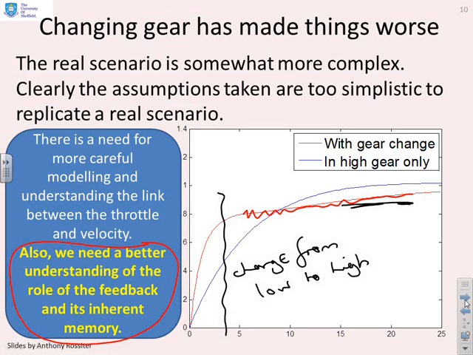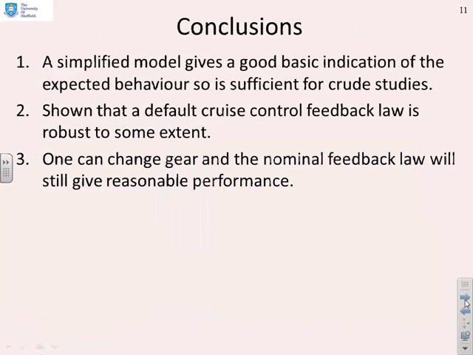Because the error up to this point here is relatively small compared to what you would have got if you'd been running the blue curve, it means when you switch over to high gear, the memory you inherit from the integral is a much smaller number than the number you would like to have. And that's why it's then very, very slow to settle. Well, that's one reason anyway.